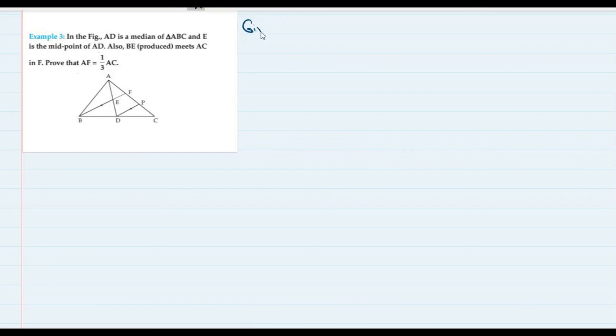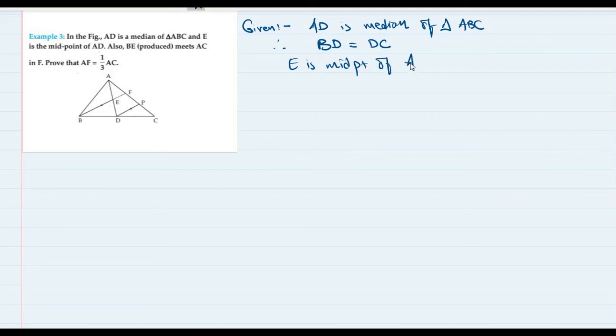Let's write the given. AD is the median of triangle ABC. Therefore, BD is equal to DC. E is the midpoint of AD, that is AE is equal to ED.